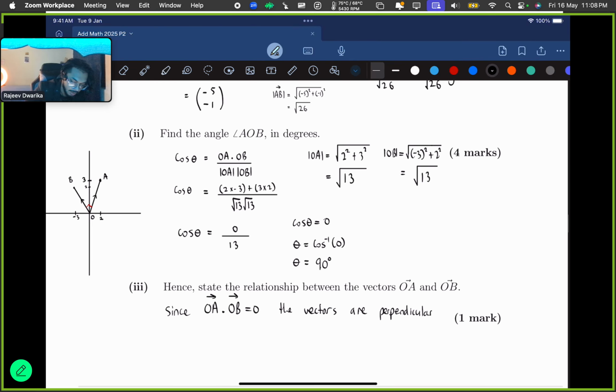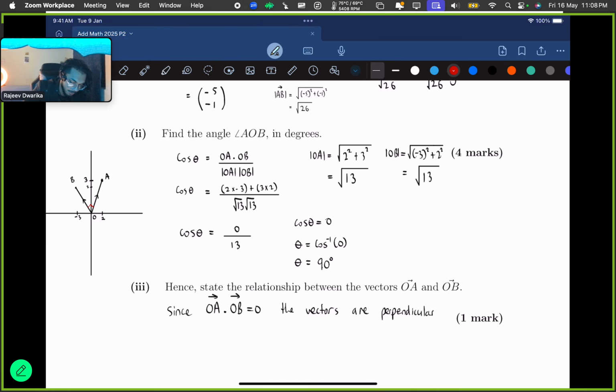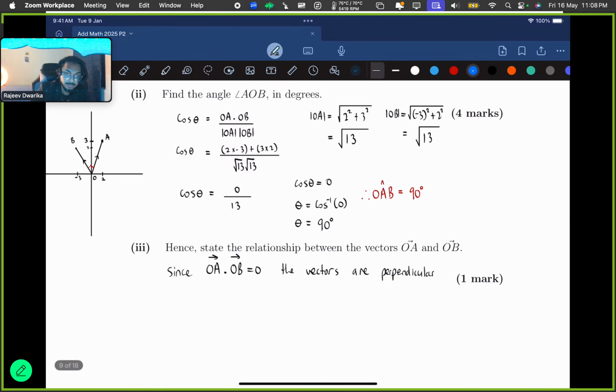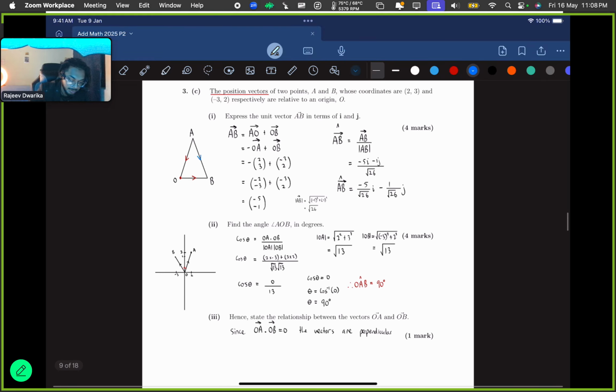And additionally, for the top part, I'd advise you to put the final answer in the form that they want. So I would advise you to say angle OAB. So say therefore, angle OAB is equal to 90 degrees. Just to be as correct as possible. Right? So we good? Yes, sir. So you lose chunks of marks over here.